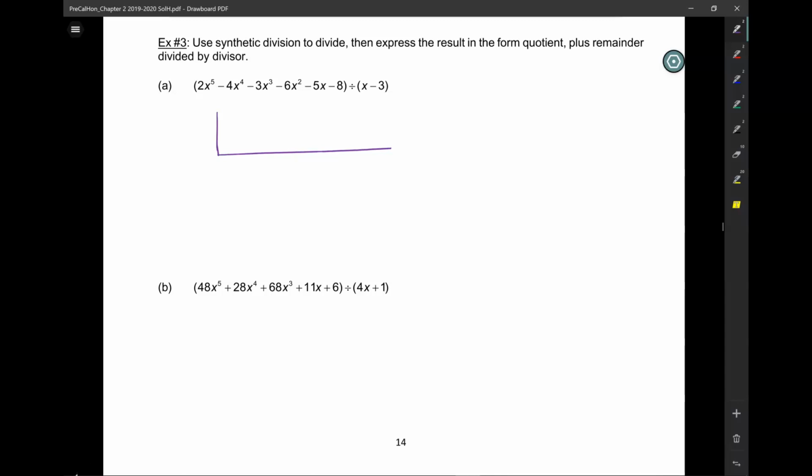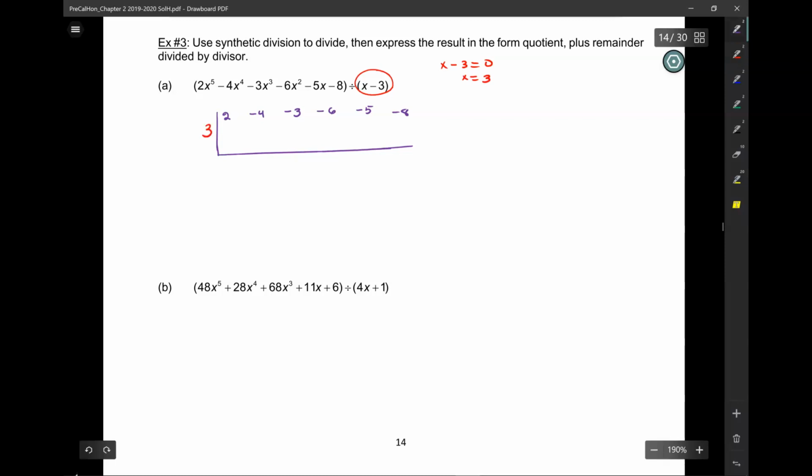So 5, 4, 3, 2, 1, 0, we're good. Let's just write the coefficients here. 2, -4, -3, -6, -5, -8. The number that goes outside is this divisor set equal to 0, and you solve it for x, so we get x equals 3.